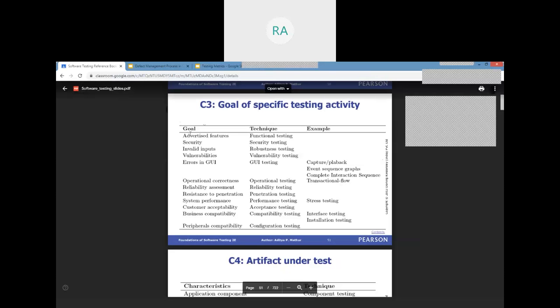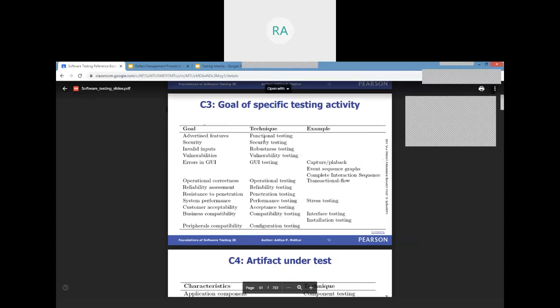Suppose the goal here is advertised features, that is, I'm advertising the new features to my client. Or I am focusing more upon the security aspect, or upon invalid inputs, or some vulnerabilities or errors in the graphical user interface.